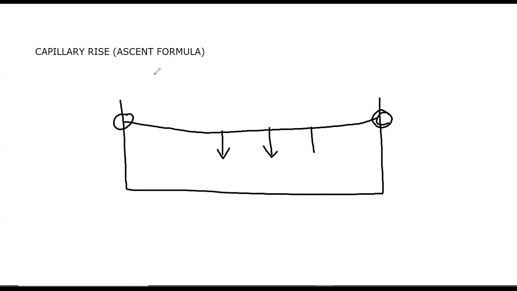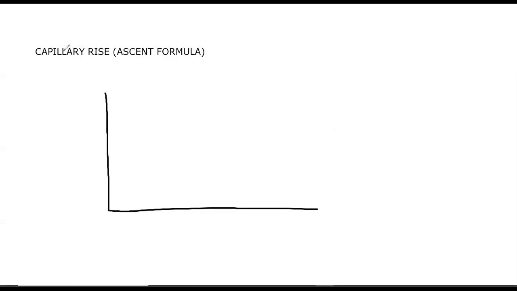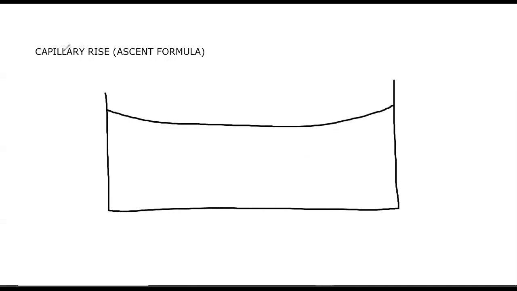But because of the width of your cup or your plate, we do not generally see the curvature. So let us consider one such trough, and let me consider water to be filled to such a height.